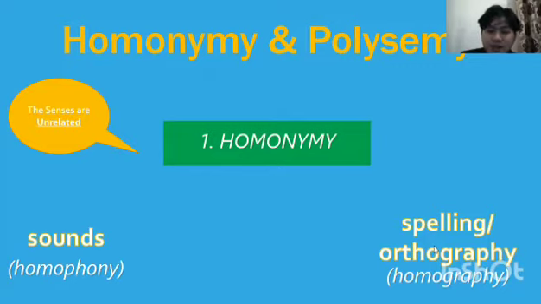And the second type is by spelling or orthography, or we can call it homography. So in homography, the sound is sometimes different, but the words are absolutely the same. Now let's move to the example.